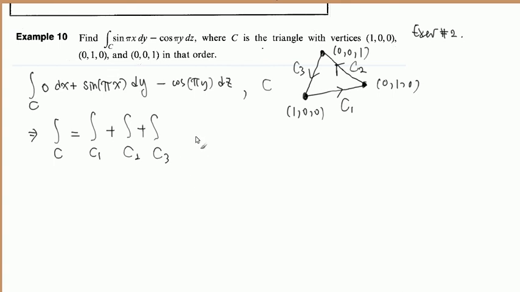So find parameterizations of C1, C2, and C3, and let's compare answers. This is a line, right? Remember there was a method that I introduced on how to parameterize a line, from a beginning vector to an end vector, using the displacement vector, those things, V and W.